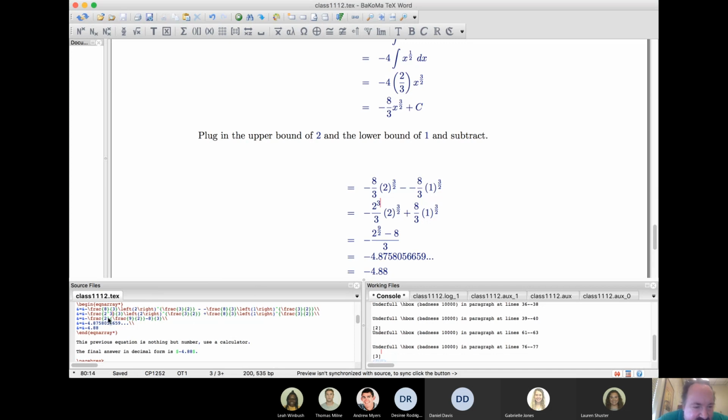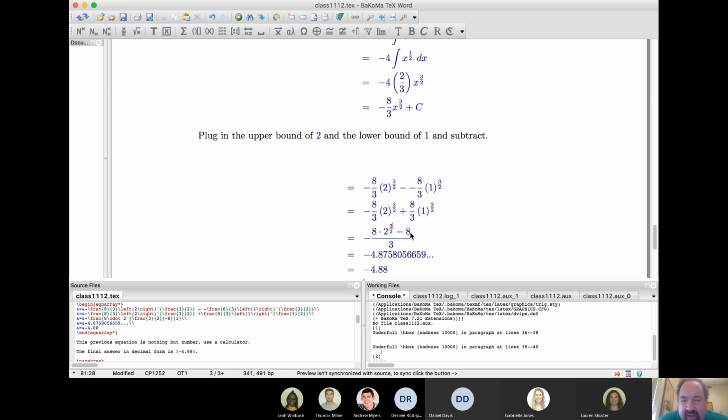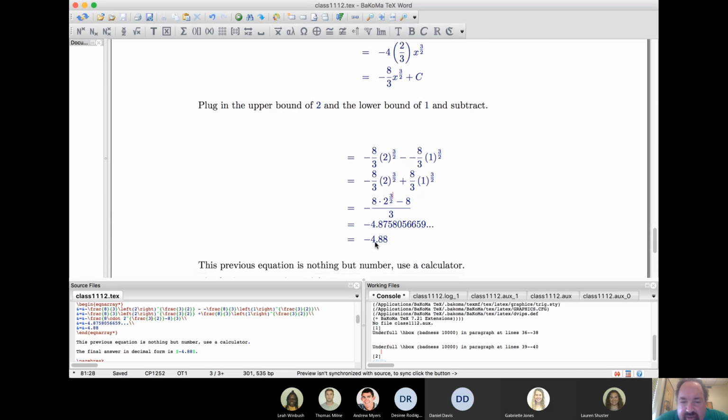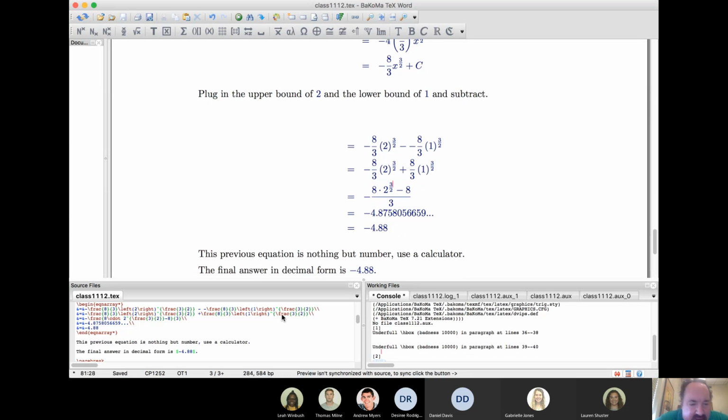But again, you don't have to do it that way. You can just do it like that. Okay. So when you work this out in your calculator, this is what you get. Don't forget to round to 2 decimal places, so it'll be minus 4.88 in this case.